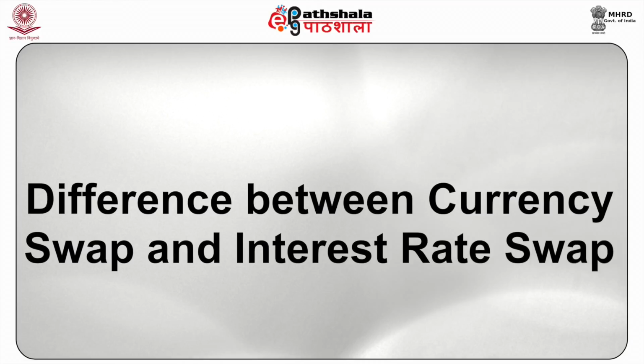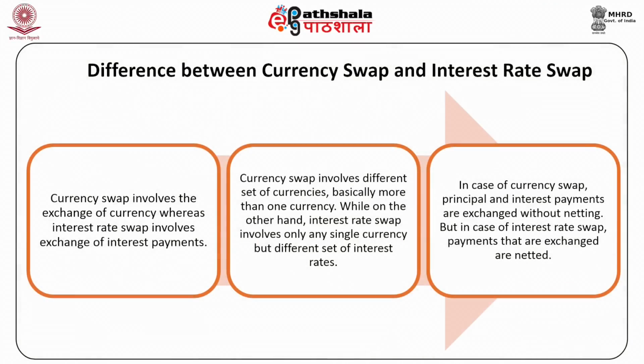Difference between currency swap and interest rate swap. After analyzing the basic concept of interest rate swap and currency swap, there is also a need to understand the basic difference between these two. Currency swap involves the exchange of currency, whereas interest rate swap involves the exchange of interest payments.